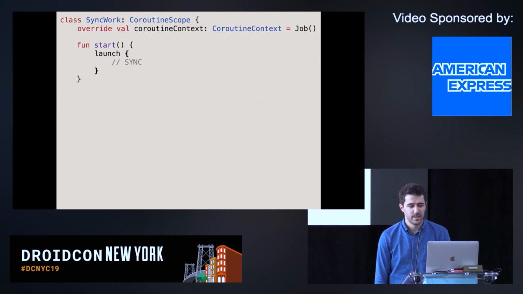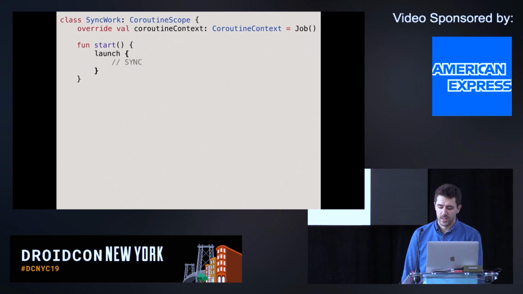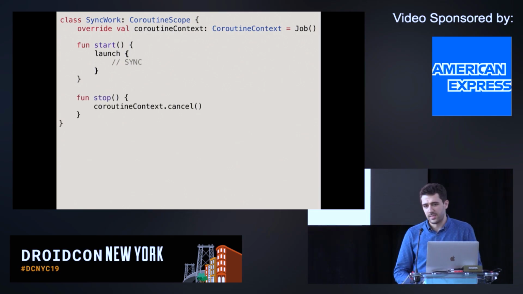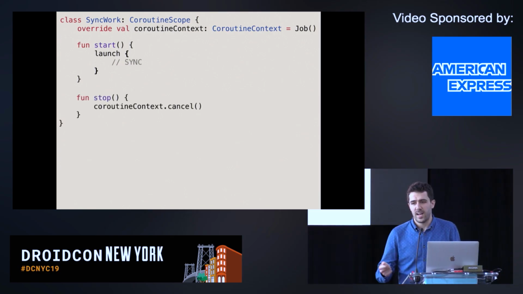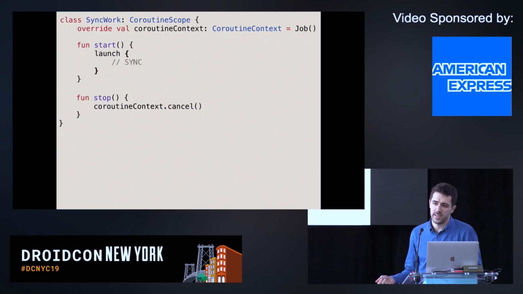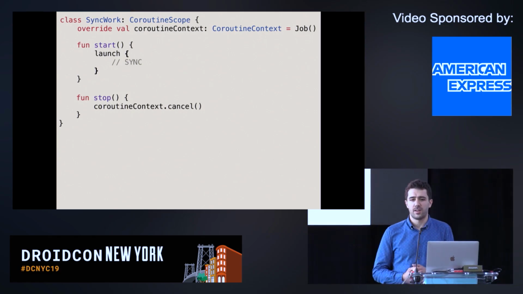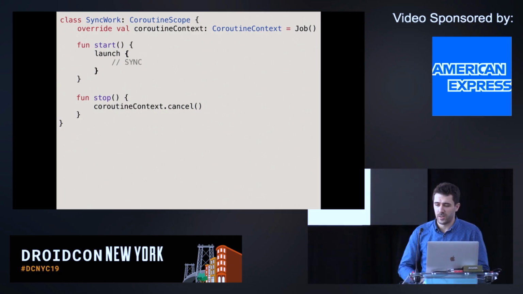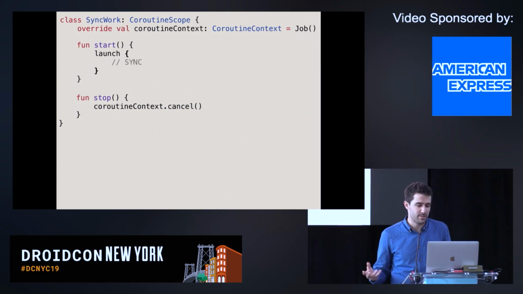It'll run off in the background and start doing our sync work. The really cool part is that if I decide I need to stop sync early, I can just call coroutineContext.cancel. Because of all the structured concurrency goodness that comes with Kotlin coroutines, it's going to cancel all of the child work associated with sync that's going on right now.